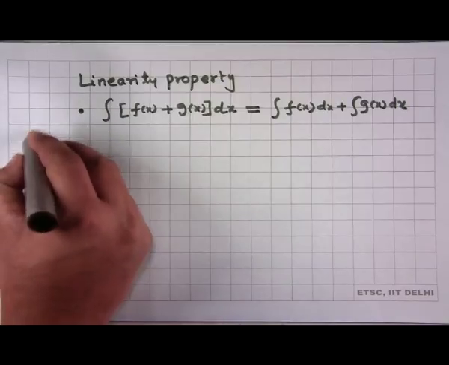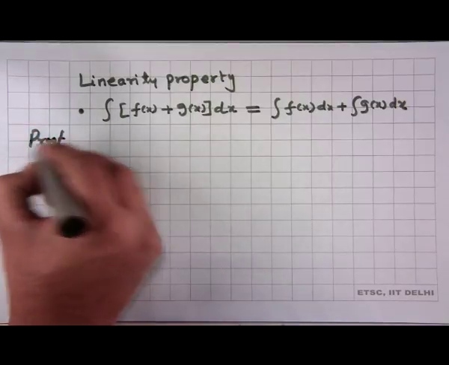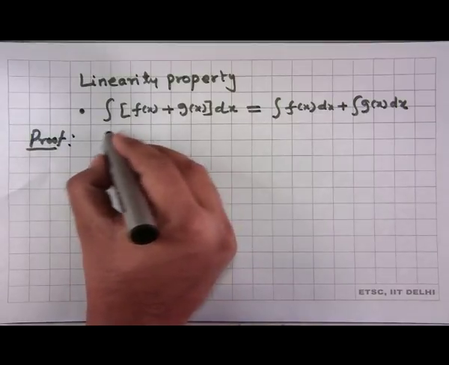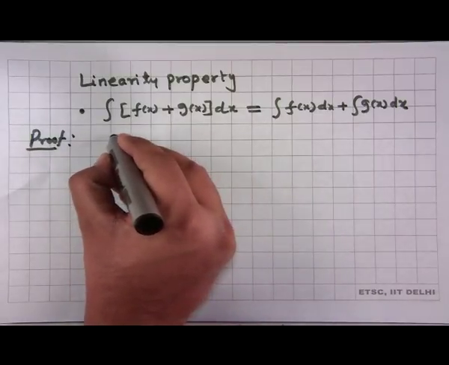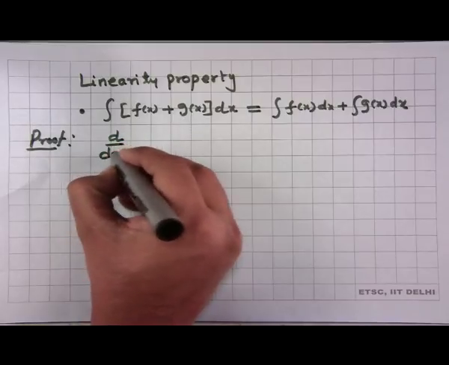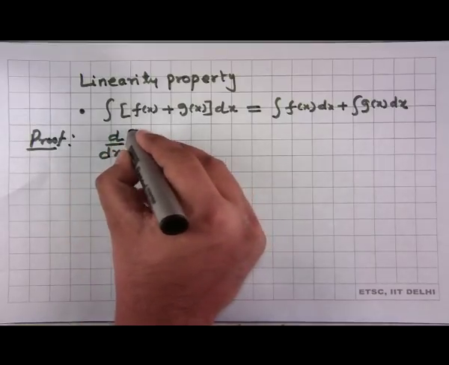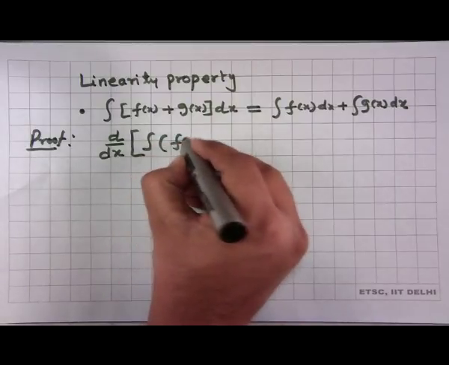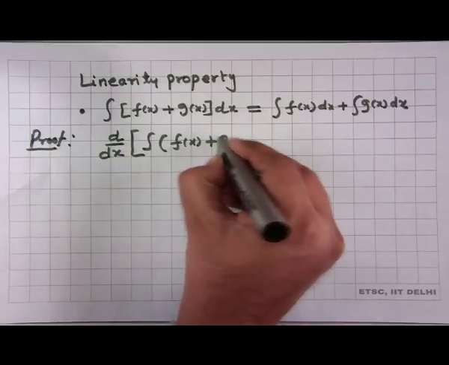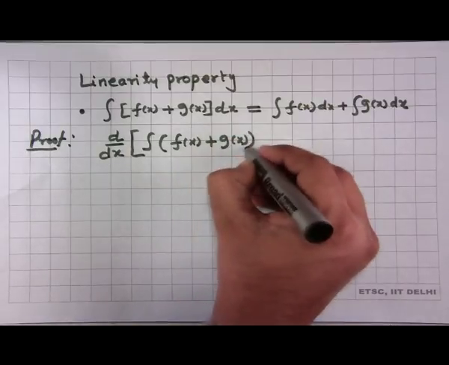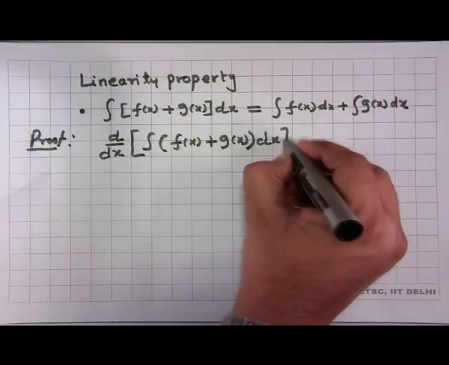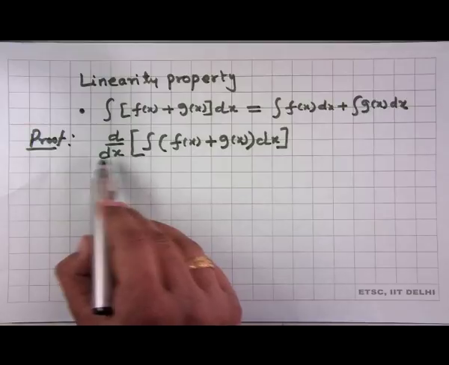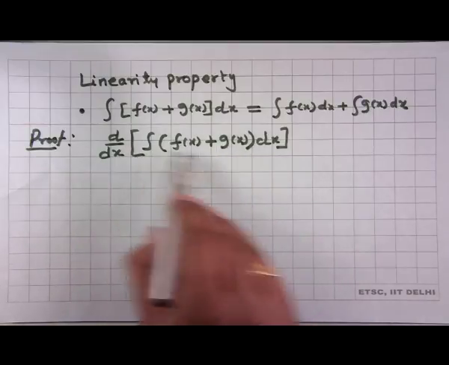The proof is simple. What we do here is take the left hand side and differentiate it. d by dx of the left hand side gives you, as we know from property 1, which we have already shown, that the derivative of an integral is the function itself.